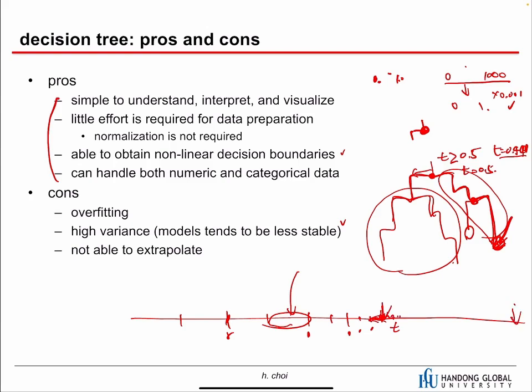Still, this one will have the same result as this one, because this one is the rightmost node. Then we can calculate the average from that node. So even though the new sample has a high value, it doesn't matter. So we cannot extrapolate that much.